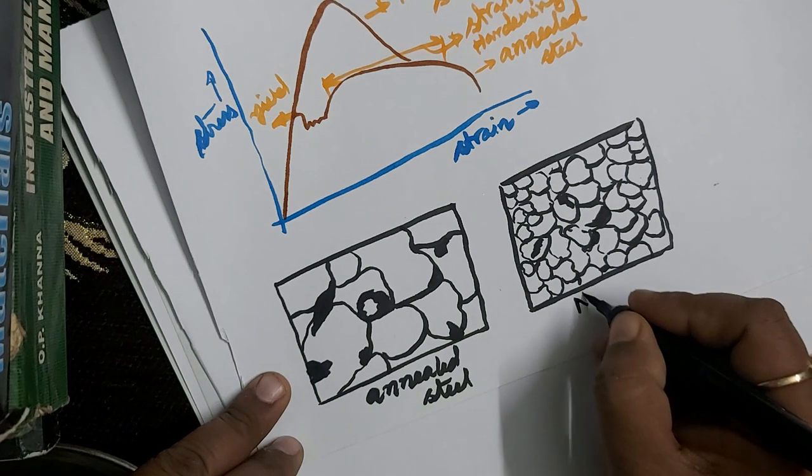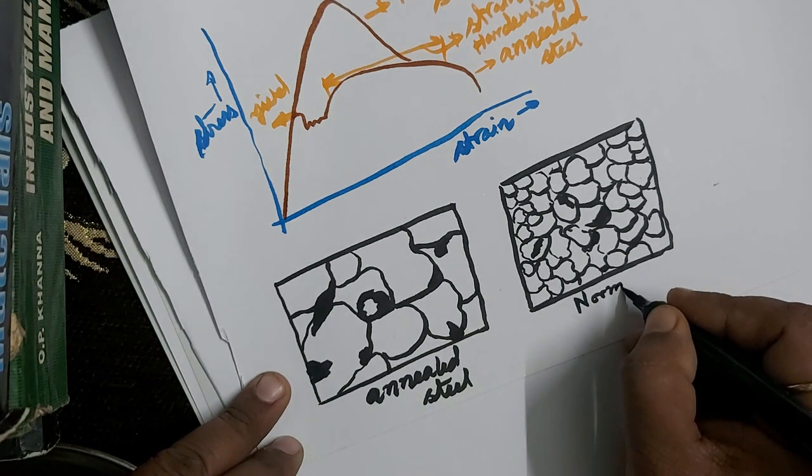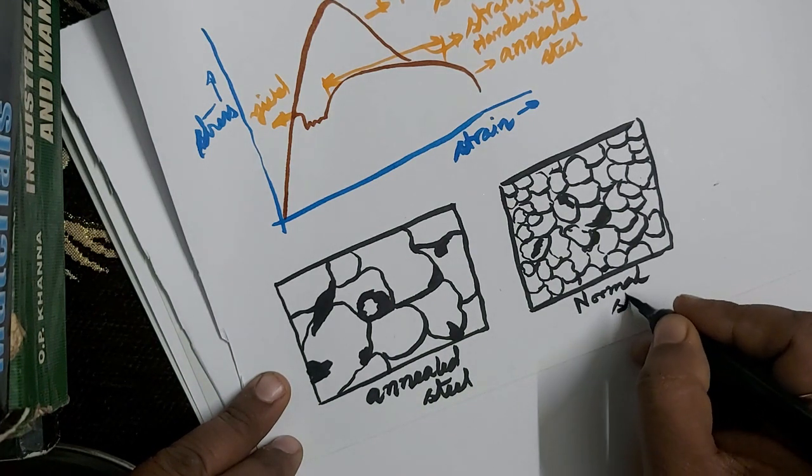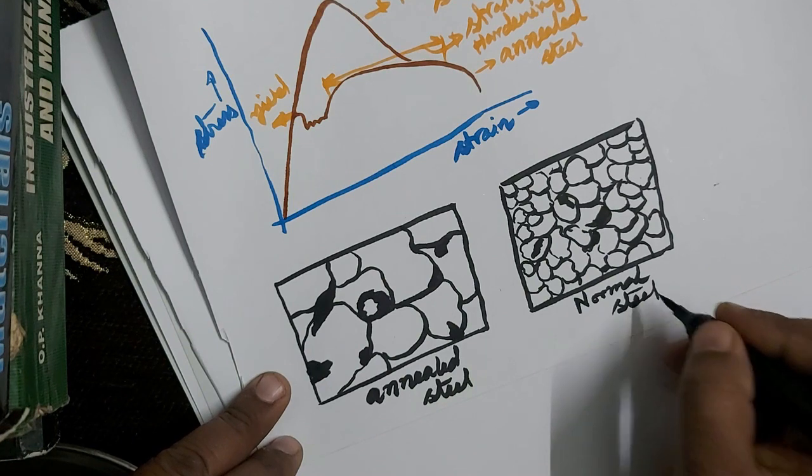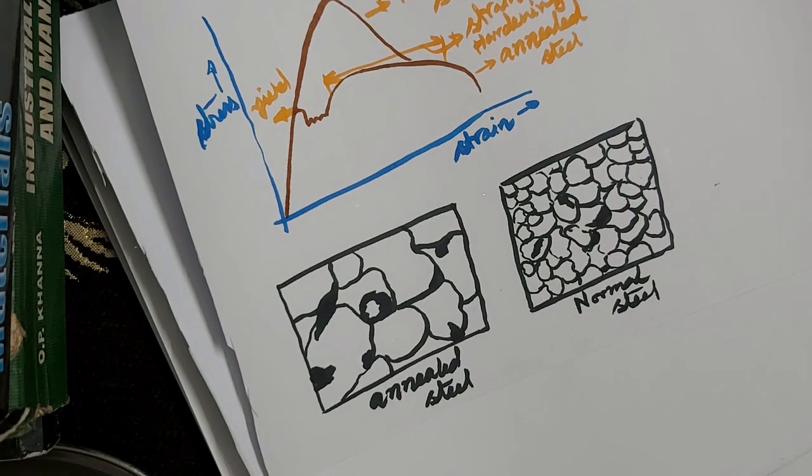So this one is the normal one. So here you all can see the difference between the microstructure of these two cases. The grain structure of the normal steel is very fine, and the grain structure of the annealed one is coarse, of course grain size.